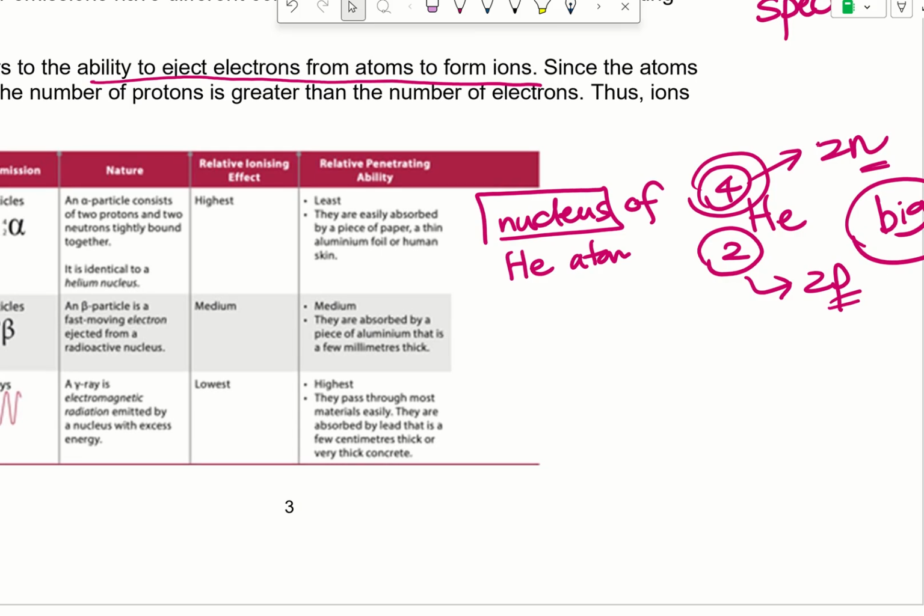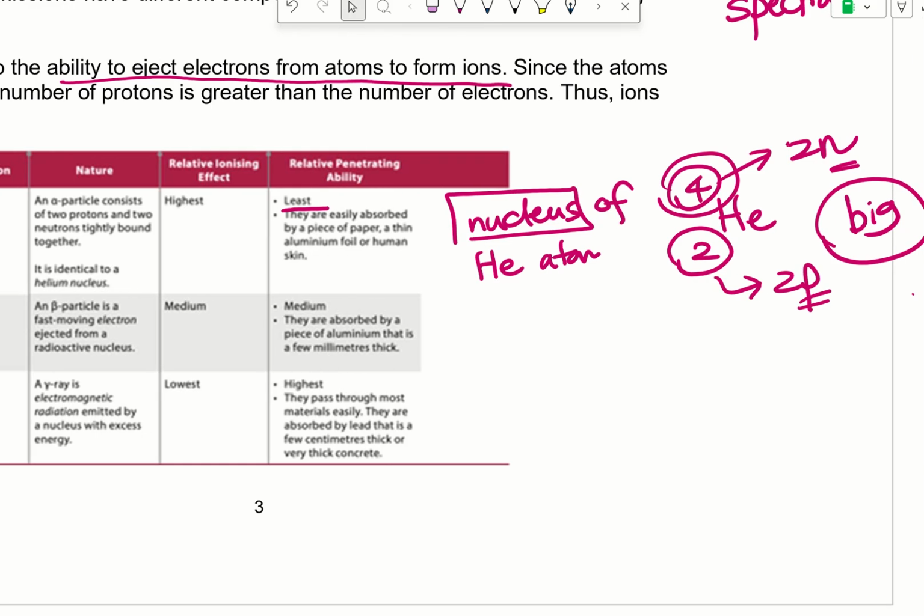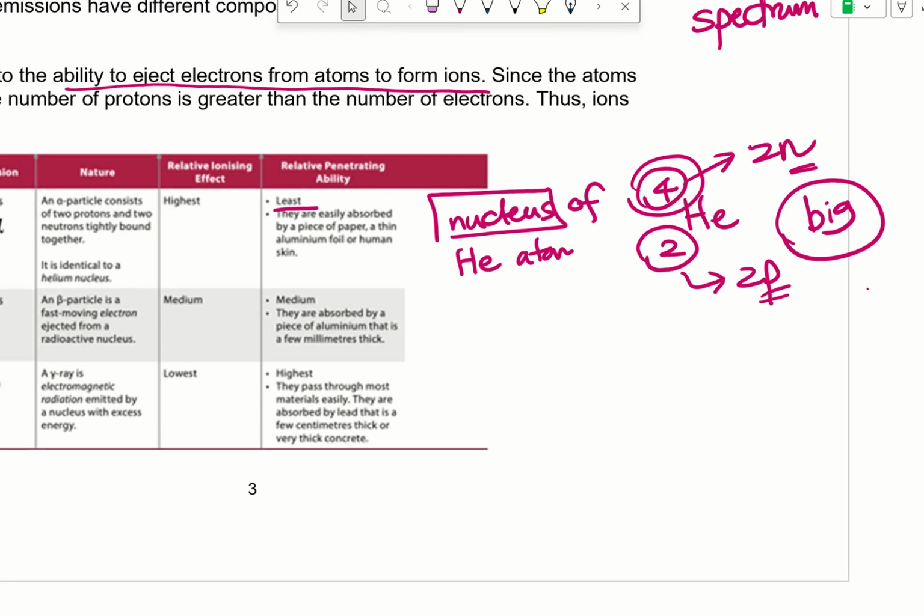So it has low penetrating ability compared to the other 2. We are talking about alpha, beta, and gamma, right? So this helium nucleus, which is an alpha particle, has the least penetrating ability because it is very big.